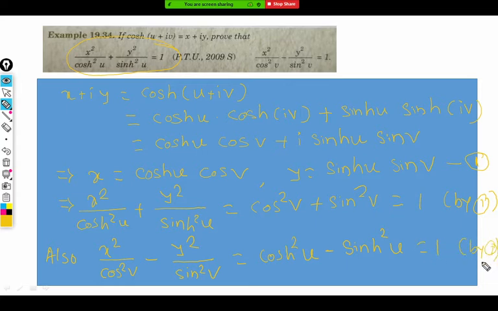So it's a very trivial question actually. You just have to equate real and imaginary part and replace the values of the required thing in the LHS, and you get that answer as 1. Indirectly, we are using the identities: circular identity like sin square v plus cos square v is 1, and hyperbolic identity cos h square u minus sin h square u is 1.